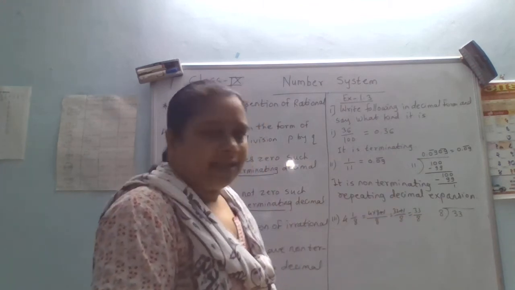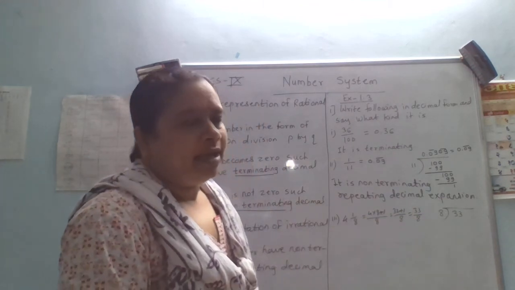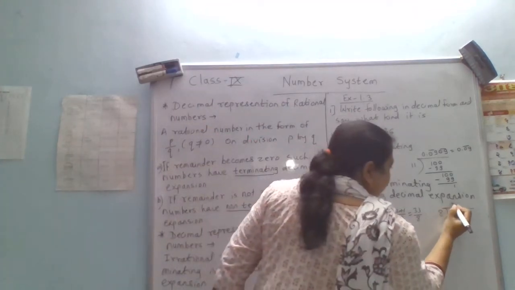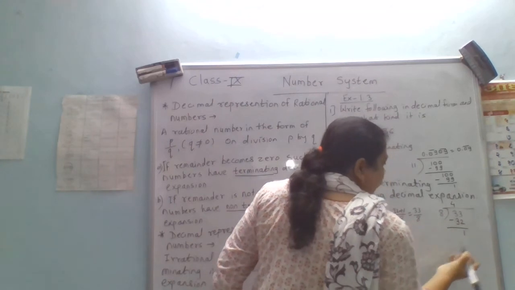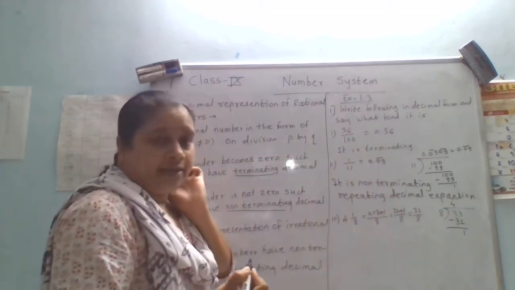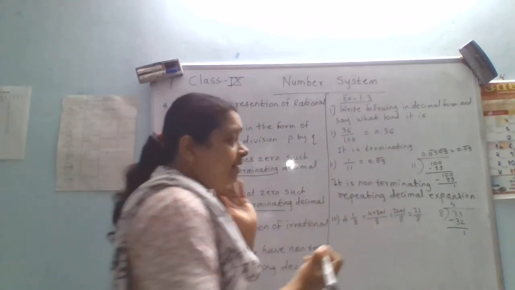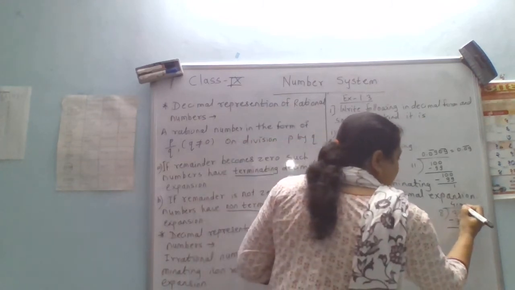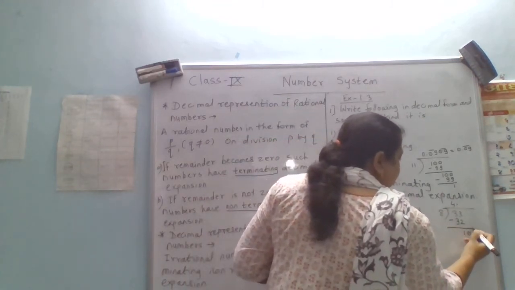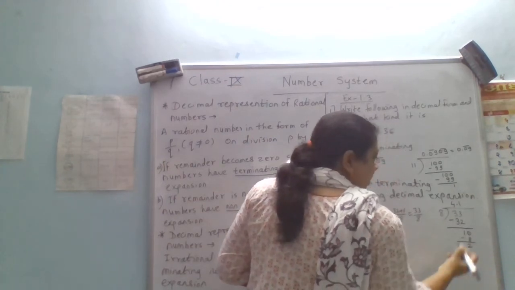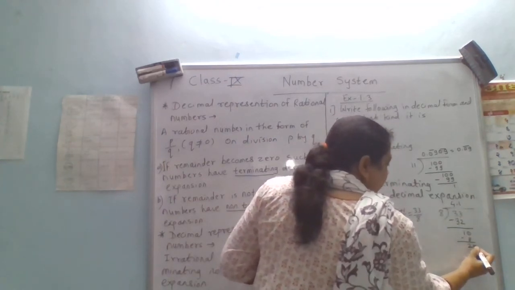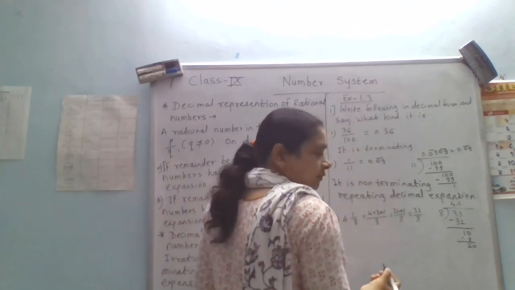33 is greater than 8. We know the table of 8: 8 4s are 32. Subtract, then the remainder comes 1. Here the number 1 is less than 8, so we have to take the decimal point. It becomes 10. Then 8 1s are 8. Subtract, then 2 is the remainder. After the decimal point we take 0 again, in every step.